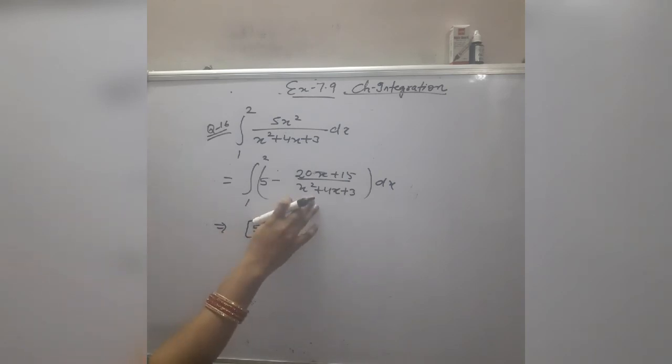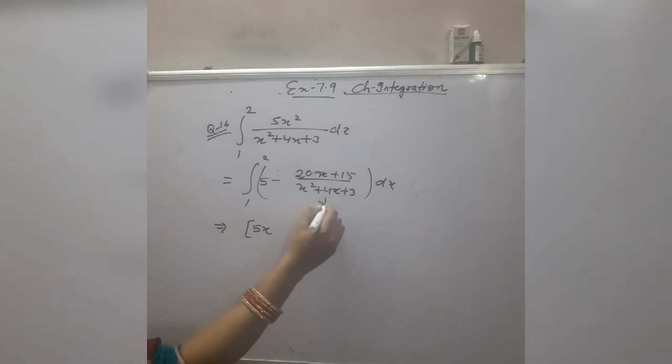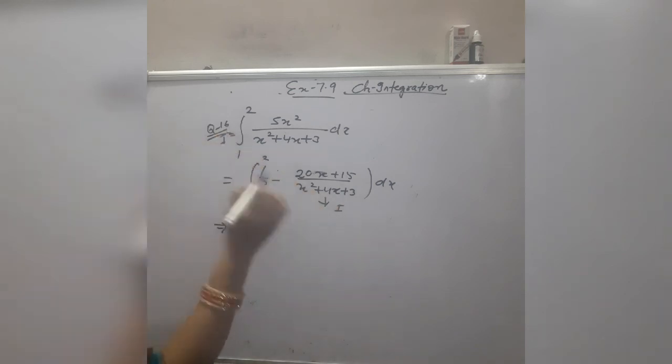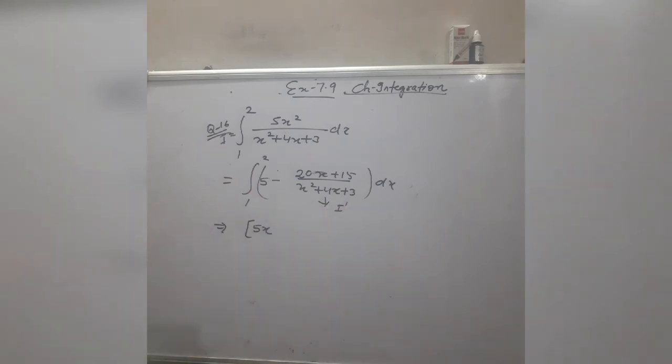You can take this part separately as integration I dash. Firstly, separately we will find the integration of this part, which we have already done. Here you will put upper limit minus lower limit, so you will get 5 into 2, 10, minus 1, which is 9.